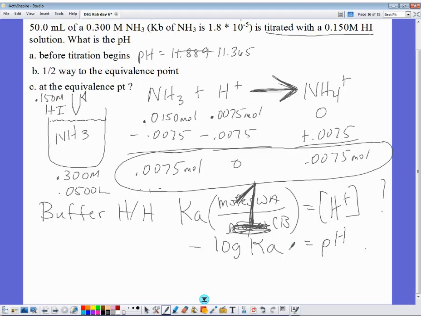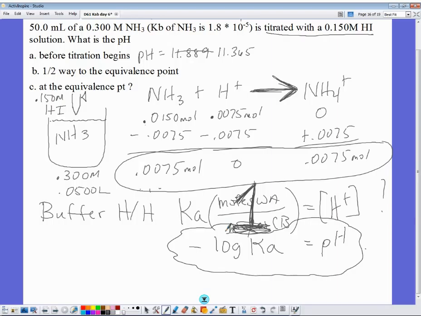All right, so I had a message on Edmodo last night from somebody, and it said, I don't understand why the owl is saying that minus log of Ka is the pH. And I immediately said to myself, they're saying that it's a perfect buffer.